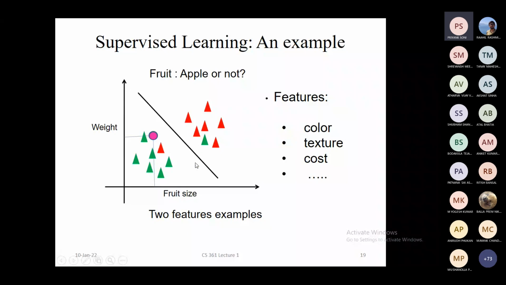Okay. Now, what is important here? How are you going to classify? You put a kind of separator.